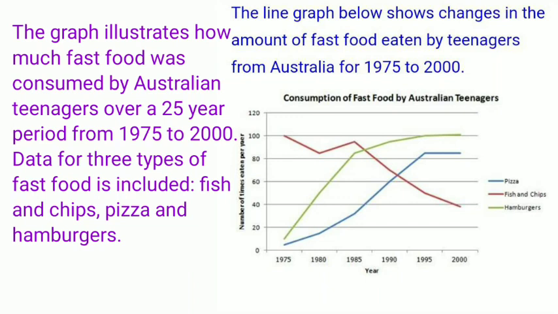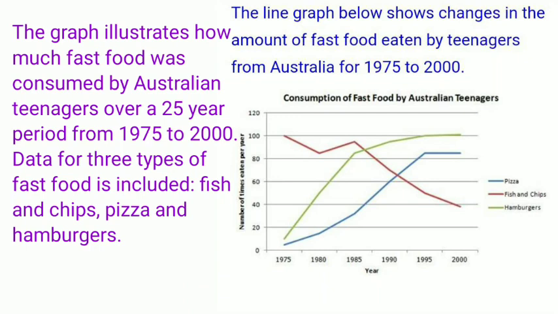To describe the changes over time which appear in a graph, there are two standard sentences that you can use. The first is the verb structure. For verb structure, as we all know, we have a subject and verb. That means here in task 1 you have to use noun phrase plus verb plus adverb.